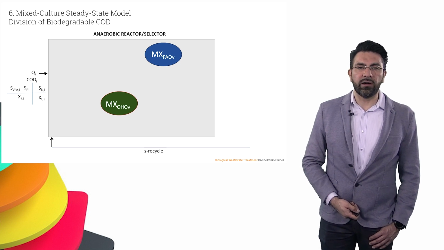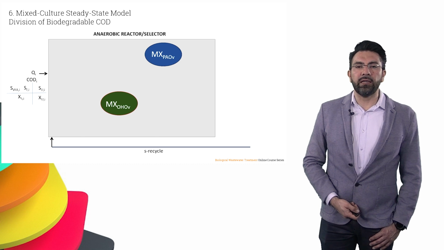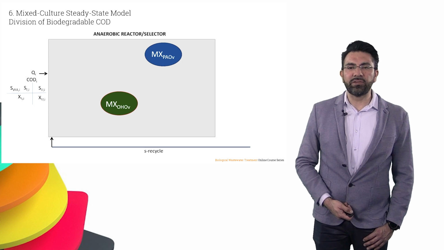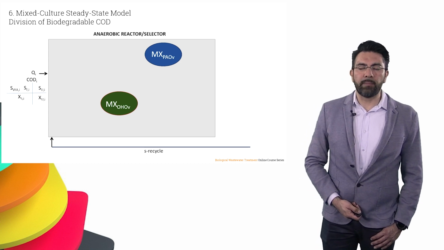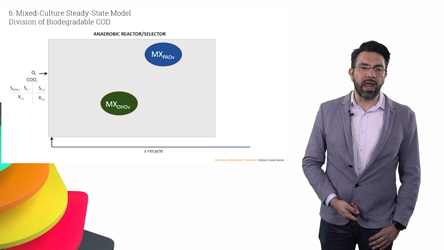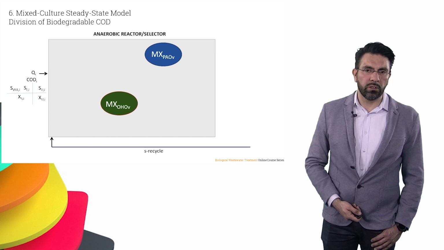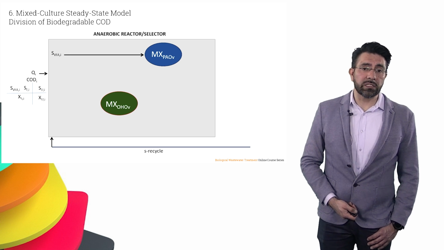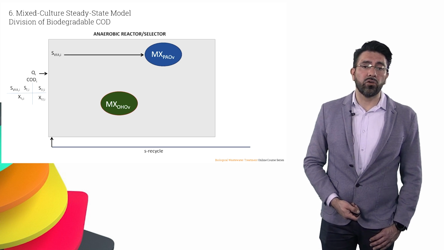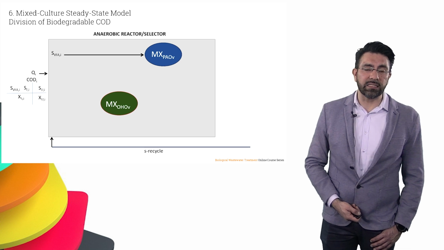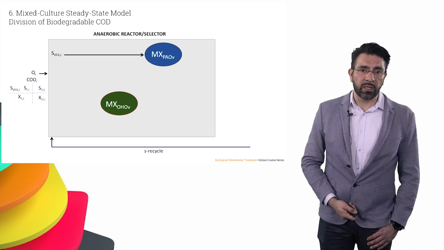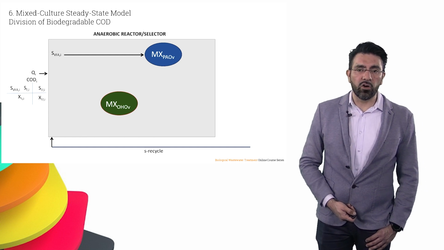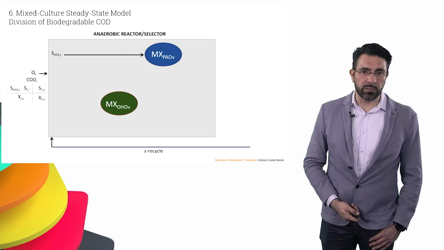These 5 different COD fractions will behave differently when passing through the anaerobic reactor or the anaerobic selector. First, for example, the model considers that the concentration of volatile fatty acids present in the influent is going to be directly consumed by the mass of polyphosphate accumulating organisms.